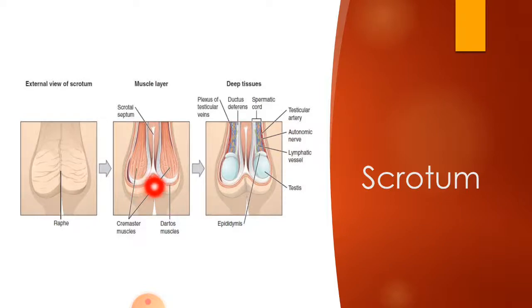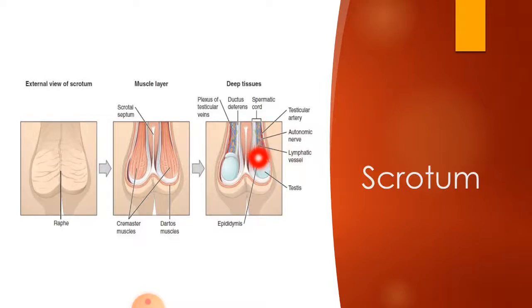If we look at the internal structure of the scrotum, then we can find two testes, one in each compartment, and within the scrotum, what other structures you can find are the epididymis and the testicular end of a spermatic cord.